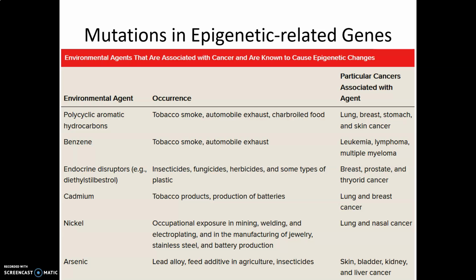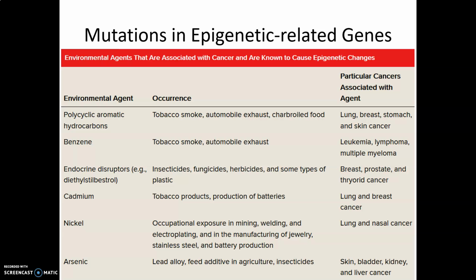The other way that they can lead to cancer is by altering the function of chromatin modifying proteins. Okay, so here we have a list of environmental agents that can alter the function of chromatin modifying proteins. And so these agents can directly alter the functions, or they can initiate several cellular changes that will ultimately affect the function.